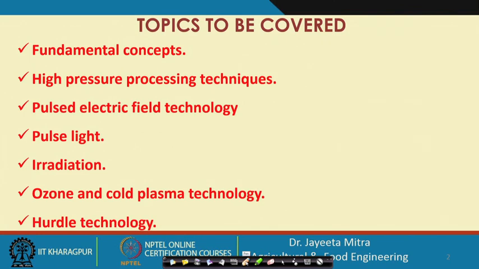And at the end we will discuss a bit on hurdle technology, which is actually a combination of more than one method, and combinedly those methods can cause very good inactivation of microorganism and can produce safe and quality food product. So, let us start.